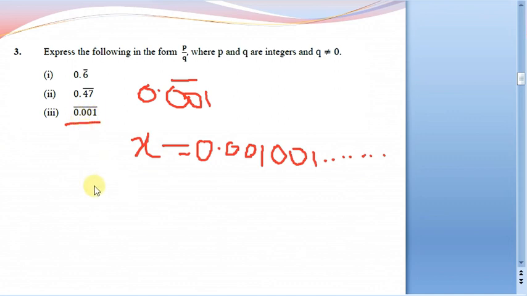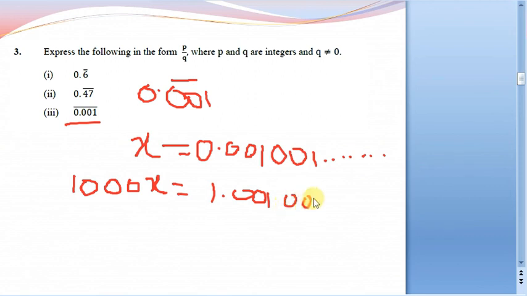For 3. So just take 1000 now. For 2 digits 100, 1 digit 10, and for 3 digits we take 1000. When you take 1000, the decimal moves 1, 2, 3 places, so it will be 1.001001 and so on.